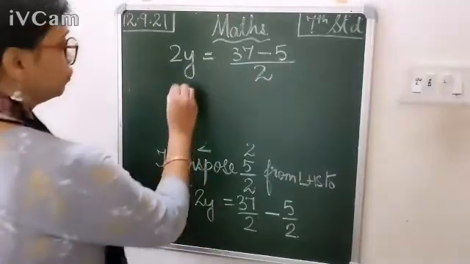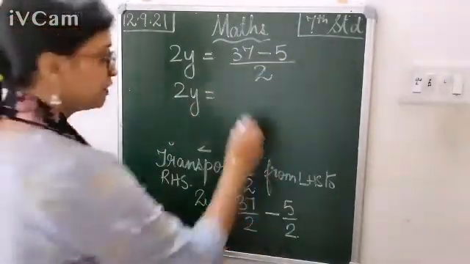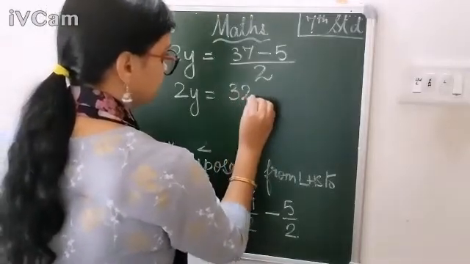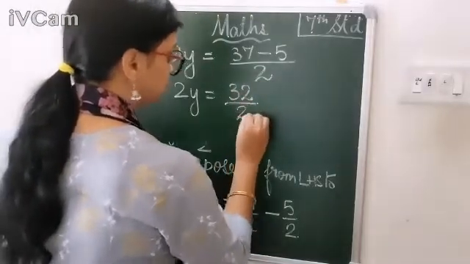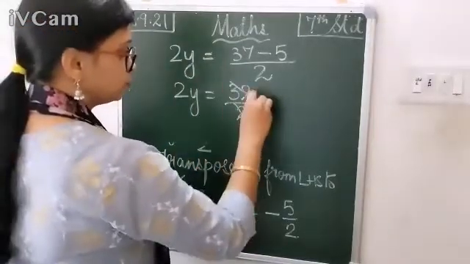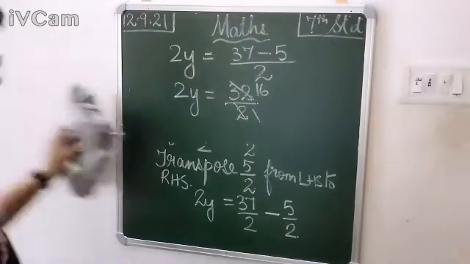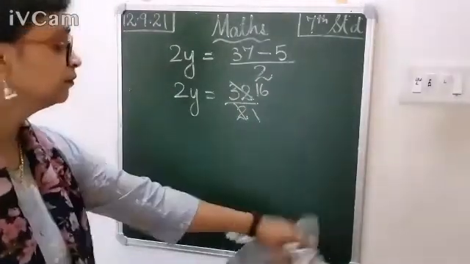Now 2y is equal to 37 minus 5 is 32 divided by 2. Now we're going to simplify this. 2 1s are 2, 2 16s are 32. Hope all of you have understood till here.